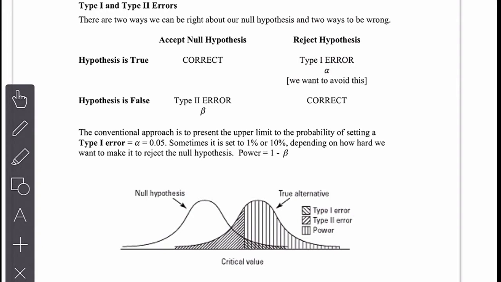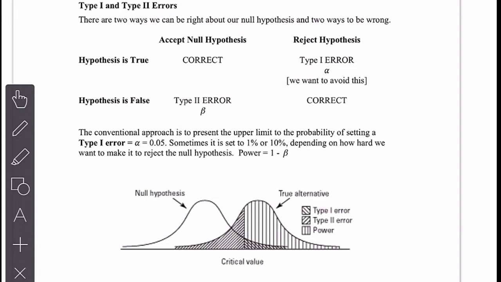The other kind of error you can make is type 2 error. That's where you fail to reject the null hypothesis, but it's actually false. That's the beta. What we're really interested in, the reason why we write this, is we want to strengthen our test.